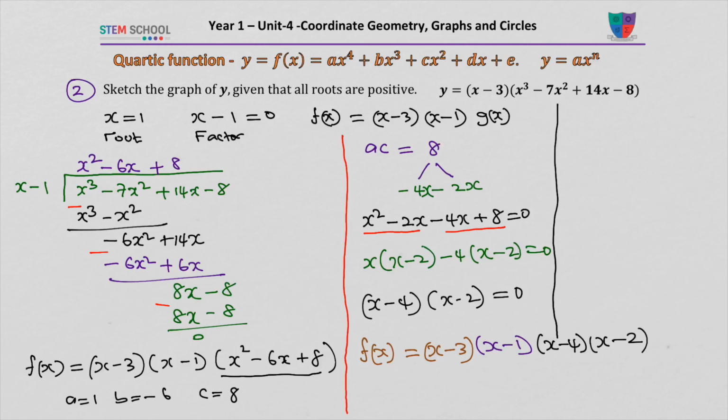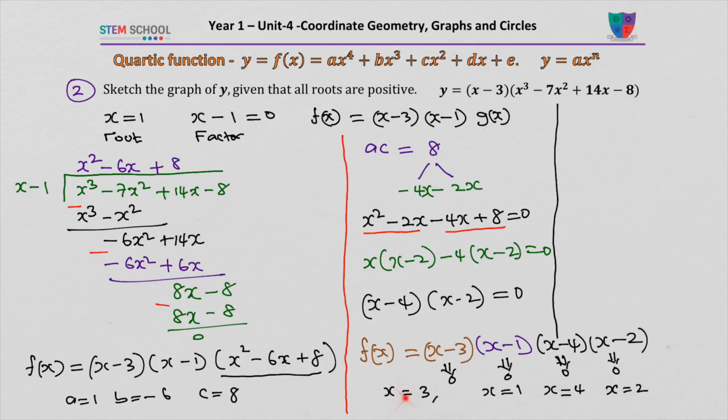So we set each factor to 0. x becomes 3, x becomes 1, x becomes 4, and x becomes 2. Because x minus 2 equals 0, add 2 to both sides, x equals 2. x minus 4 equals 0, add 4 to both sides, x becomes 4. That's how we get the roots.